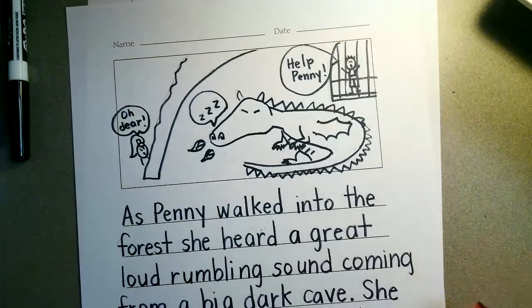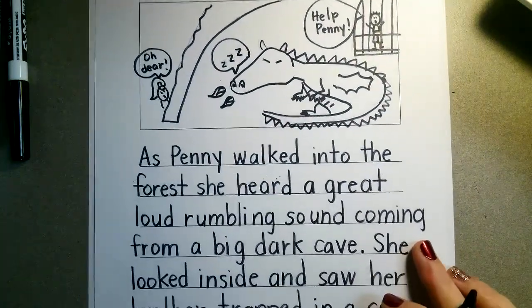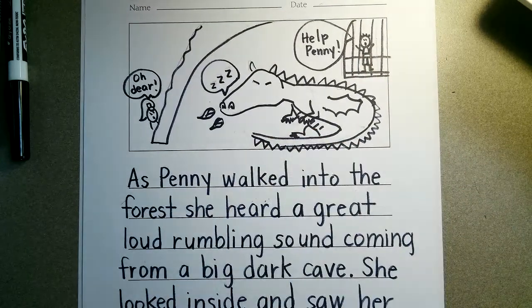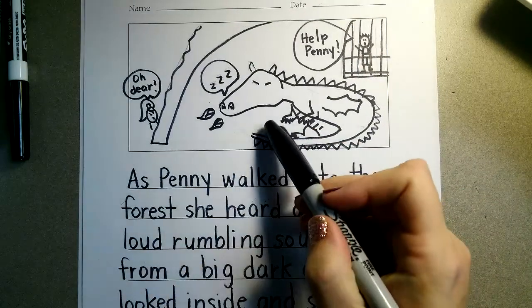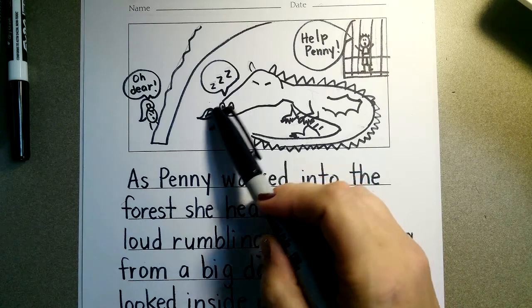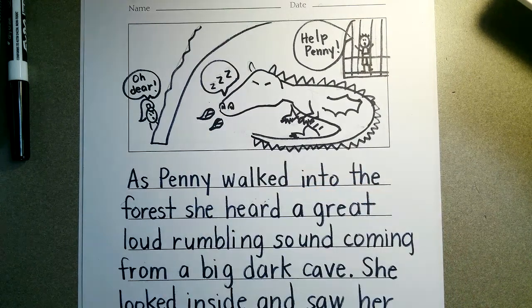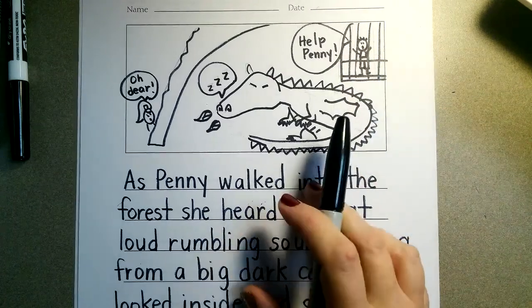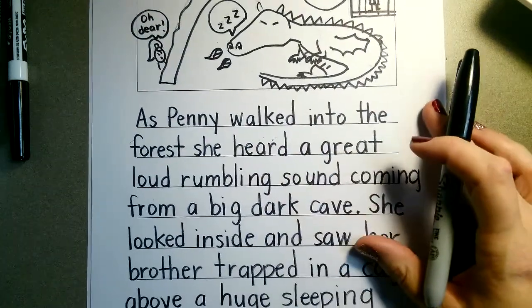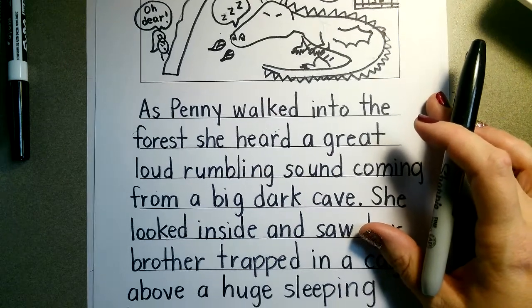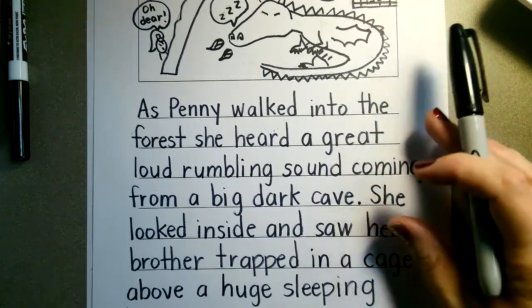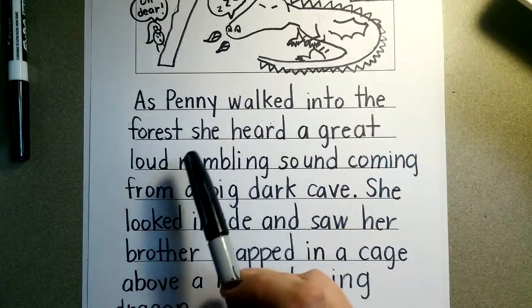All right, so here's the middle of my story. Now you can see my sketch I made of Penny, the dragon who's sleeping with flames coming from his nostrils, and Penny's little brother trapped. Oh no! So let's read my middle of my story and see if Miss Davis can get some dialogue added into the middle of my story.